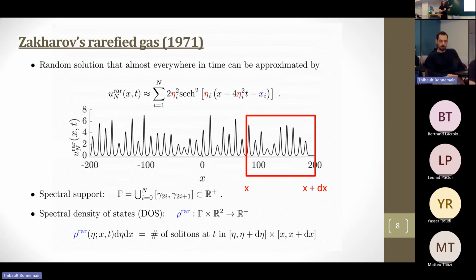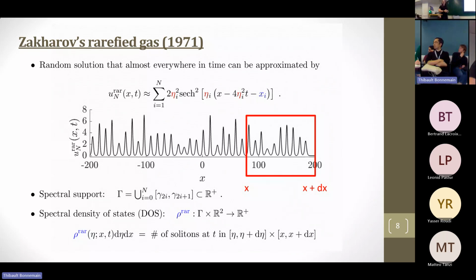So here this has a clear meaning because in any region in which you want to count those solitons, you can clearly identify them, you can clearly count them, and they are well separated, so you can also clearly see the amplitude from which you can extract the spectral parameter. Okay. So this is a density of solitons both in real and in spectral space.